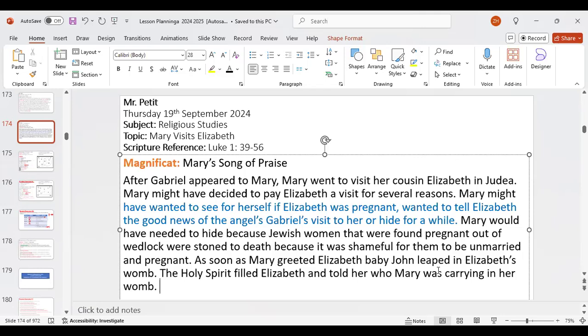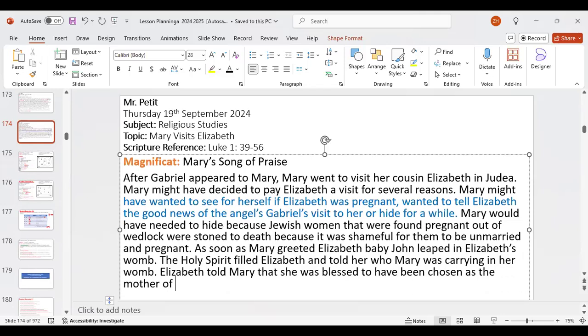To be chosen as the mother of those two was a very great honor and also a great responsibility, to grow that child in the fear and admonition of the Lord. So the Holy Spirit filled Elizabeth and told her who Mary was carrying in her womb. Elizabeth told Mary that she was blessed to have been chosen as the mother of the Lord.